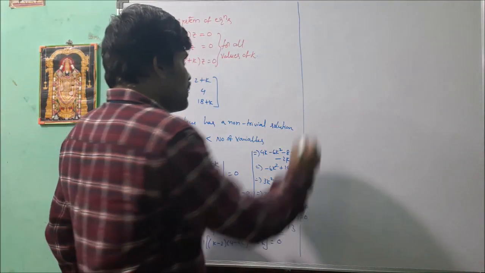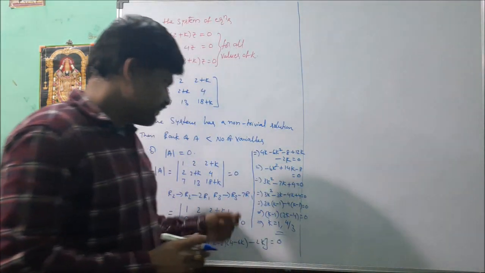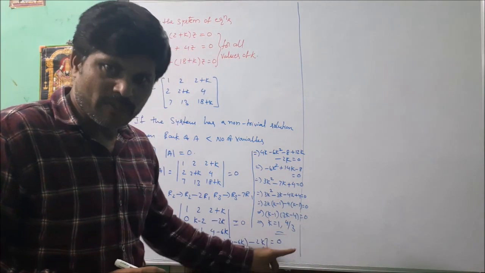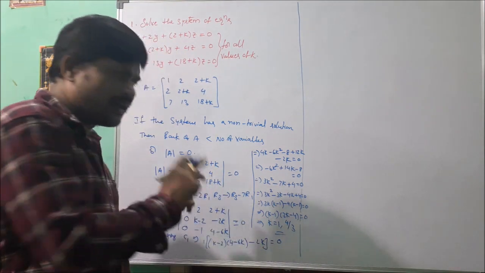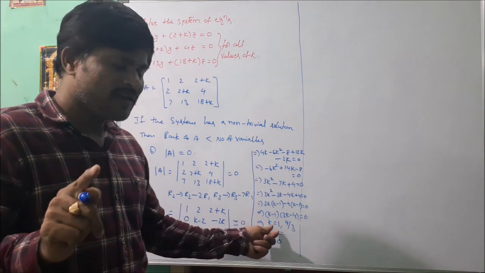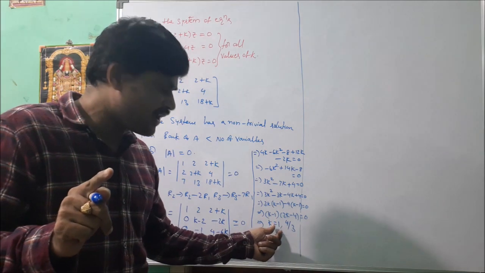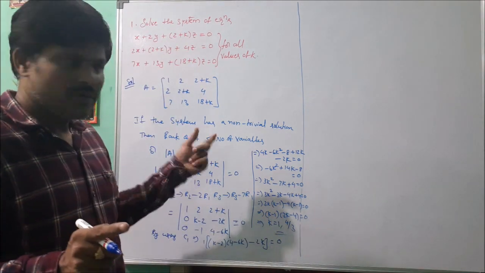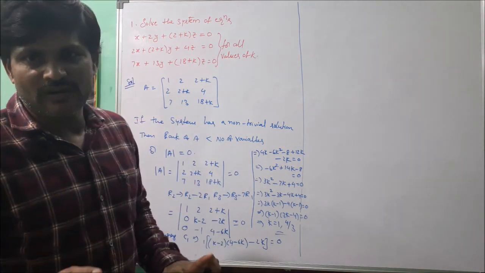And here, first of all, we observe if k equals 1 and 4 by 3, then the determinant equals 0. That is the first one. If k equals 1 or 4 by 3, the given system has a non-trivial solution.